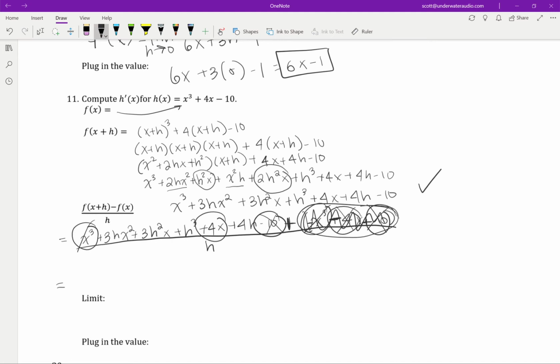I think that's kind of helpful. With that, we got 3hx squared plus 3h squared x plus h cubed plus 4h, all over h. And I'm simplifying, I'm getting rid of all the h's.